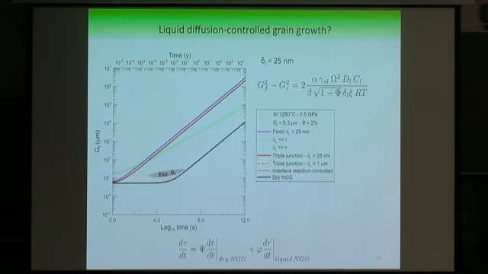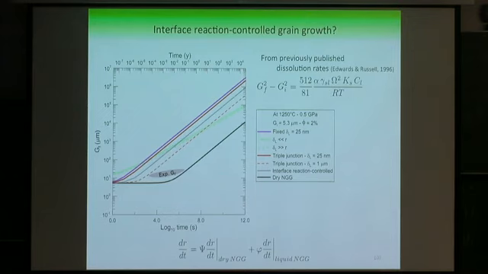And as you can see, the grain sizes predicted by this model are higher than experimental grain sizes. So I tried to do the same thing, but with a bigger, unrealistic delta L, 1 micron. And as you can see, we're starting to approach the experimental grain sizes that we observe in this study.